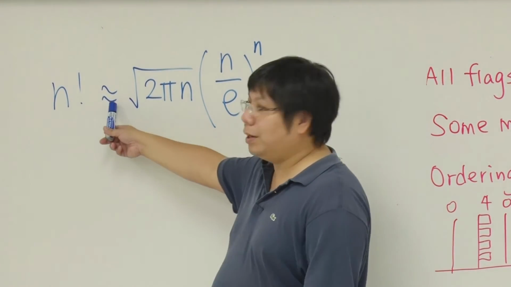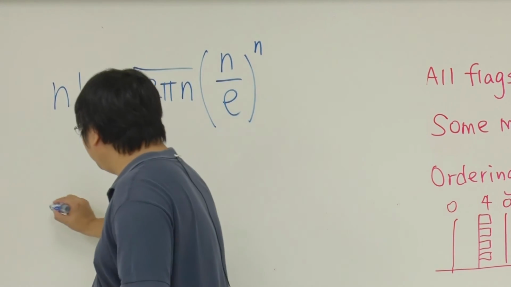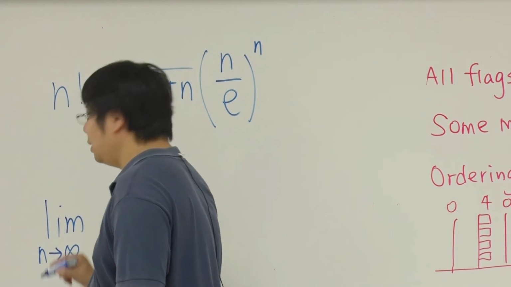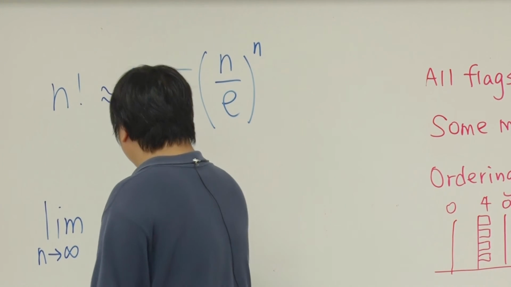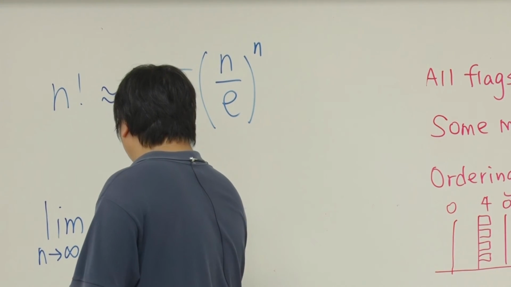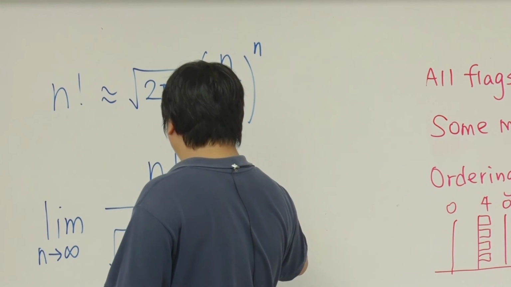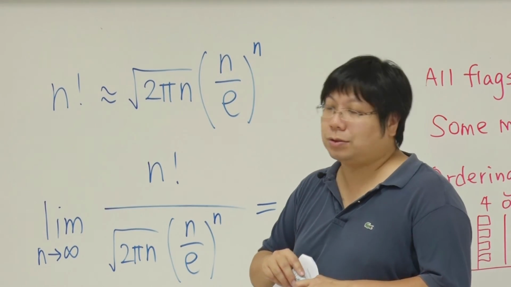By close to, it means the ratio. It means the limit, as n tends to infinity, of the ratio of n factorial and the square root of 2 pi n times (n over e) to the power n, is equal to 1. So Stirling shows this.